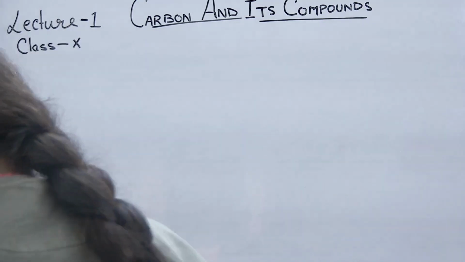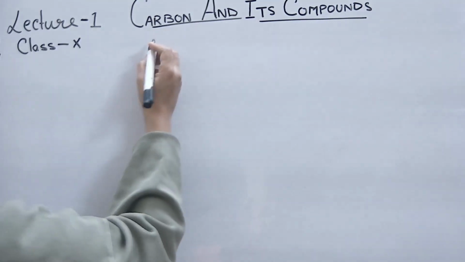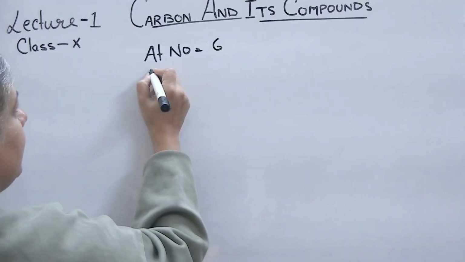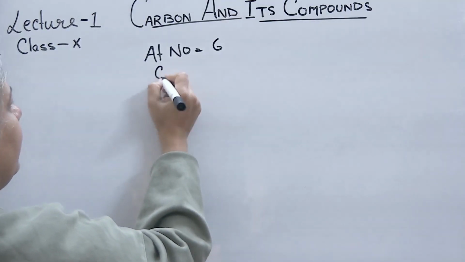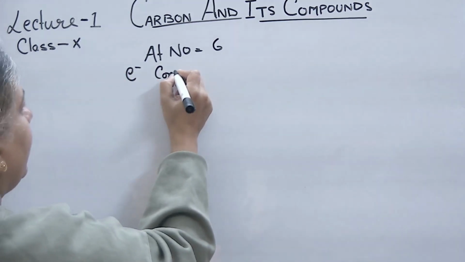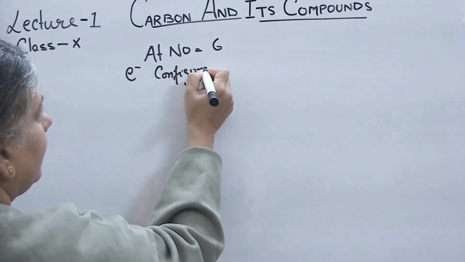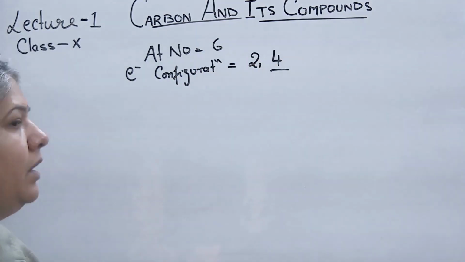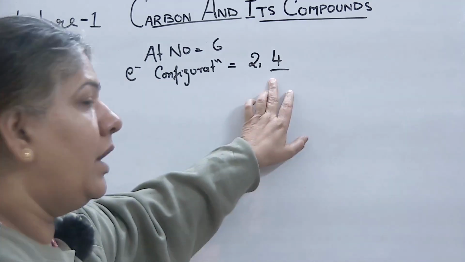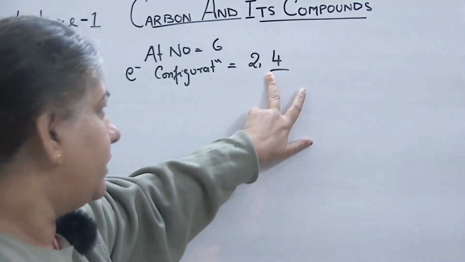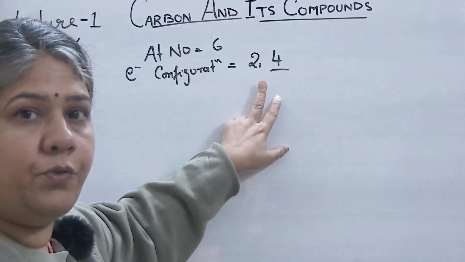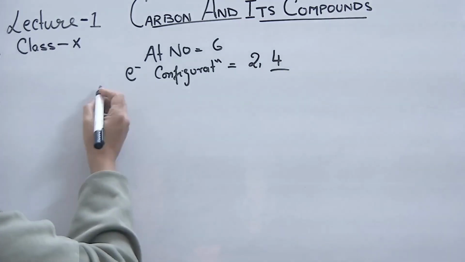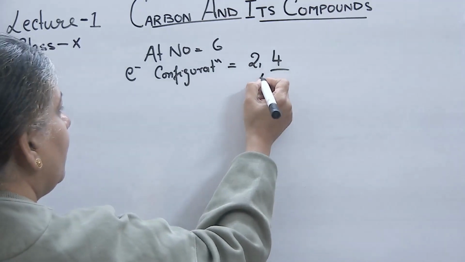Let's once again see the atomic number of carbon. Atomic number 6, and its electronic configuration is 2,4. Now there are two possibilities to attain stability. It can either lose 4 electrons or gain 4 electrons.